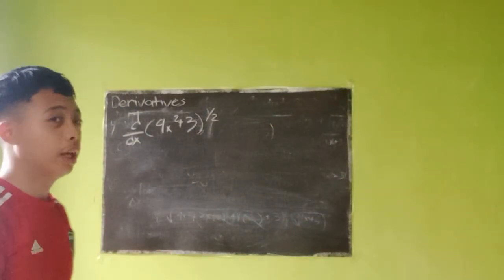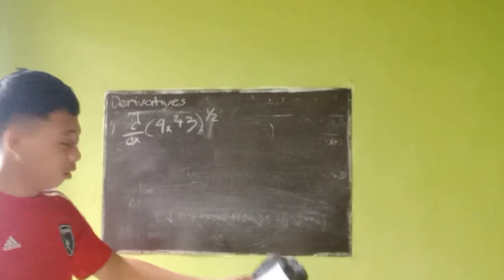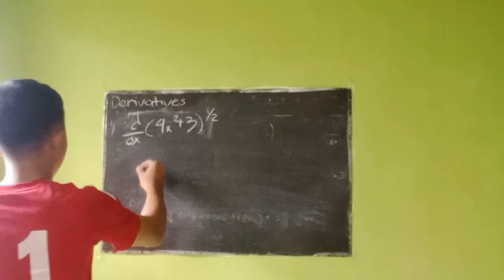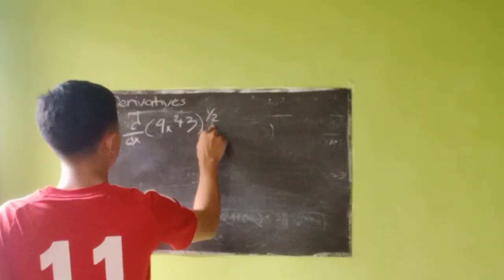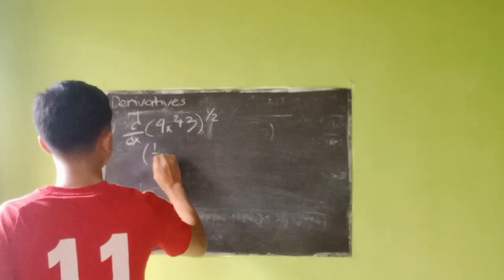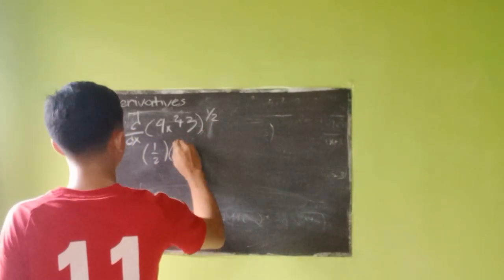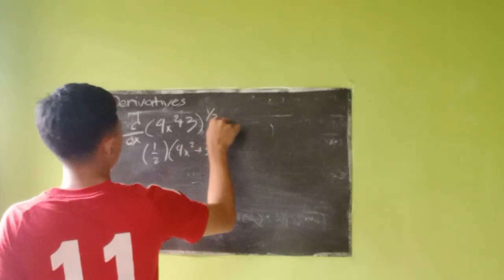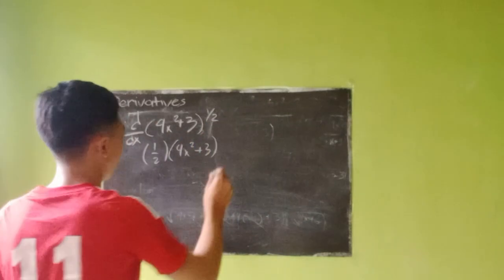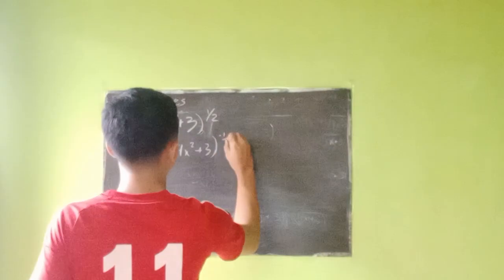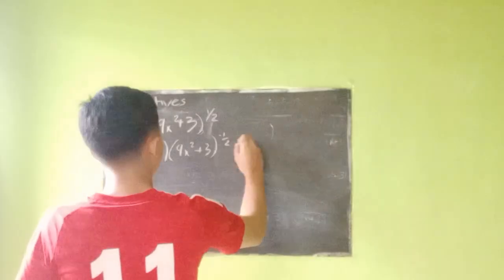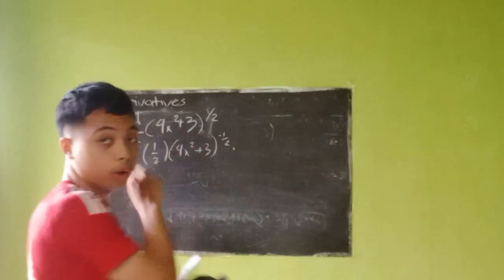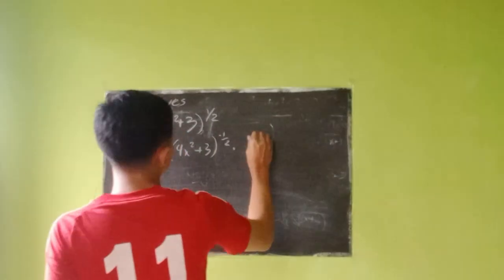Now by doing the product rule, so sorry, by doing the power rule, we have 1/2, then 4x squared plus 3, 1/2 minus 1, that's negative 1/2, and then times the derivative of 4x squared plus 3, so that's 8x.